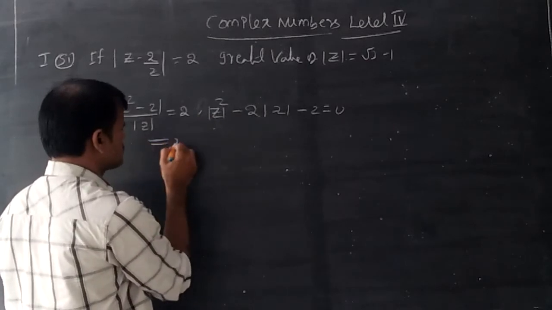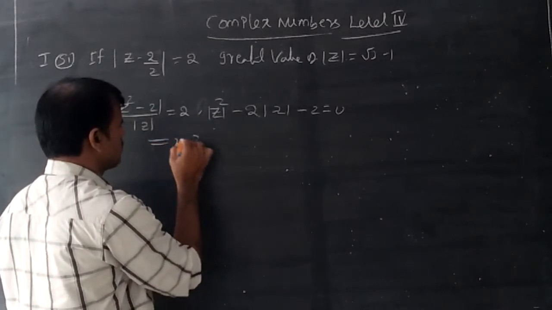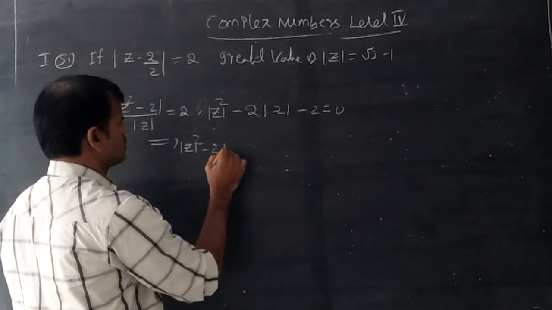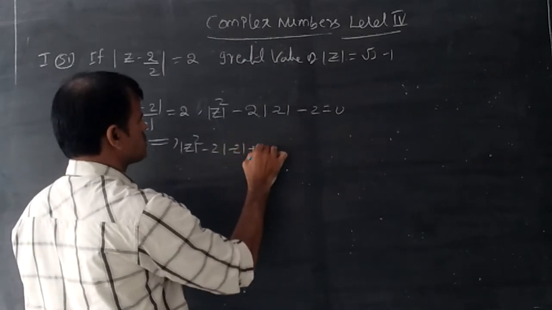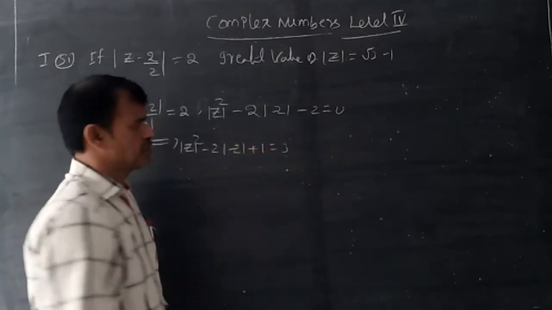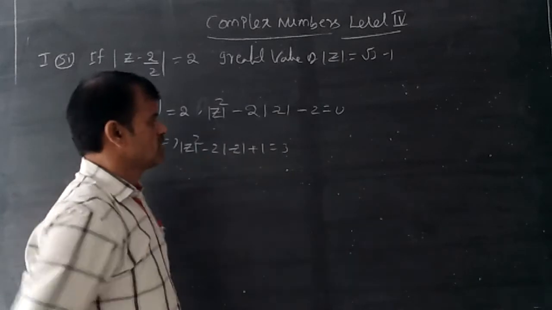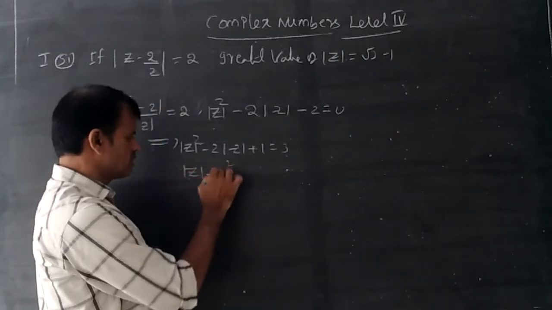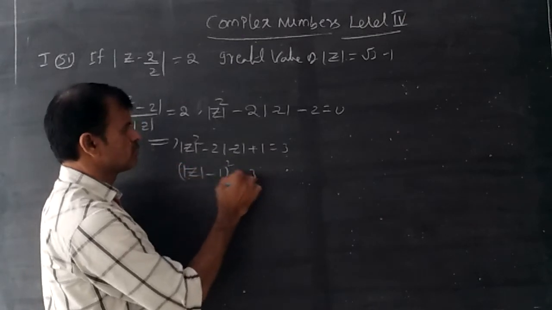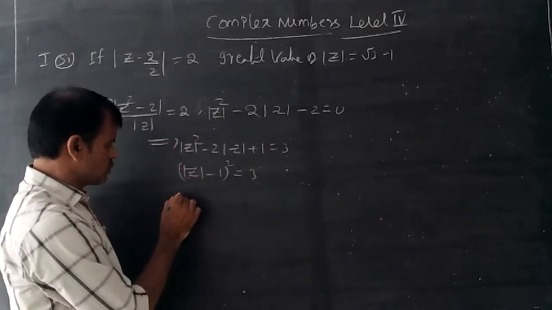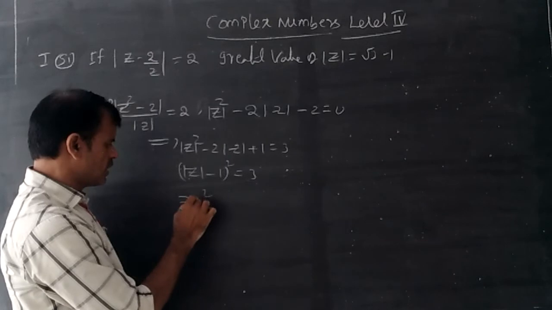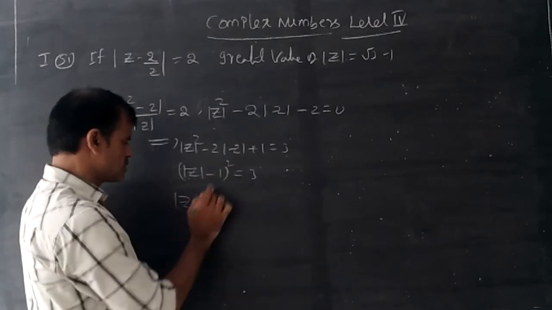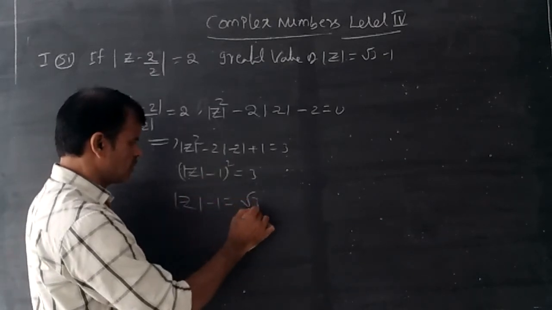That implies modulus of z square minus 2 into mod z plus 1 is equal to 3, right? Because we added and subtracted 1. Now it is becoming modulus of z minus 1 whole square is equal to 3. So modulus of z minus 1 is equal to root 3.